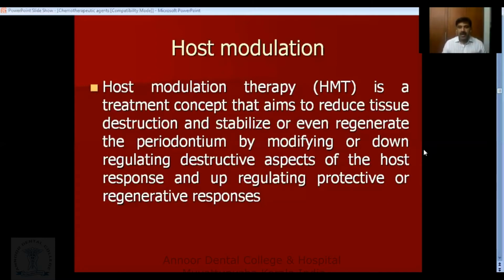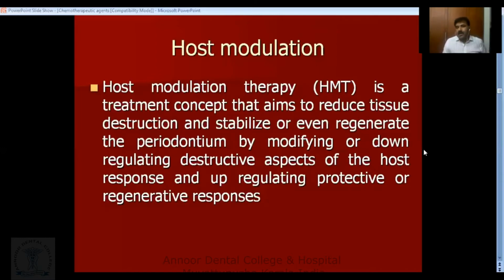This is known as bystander damage. So the host is trying to control the bacteria, but at the same time, because of the different mediators produced by the host, they produce a lot of host tissue damage also.